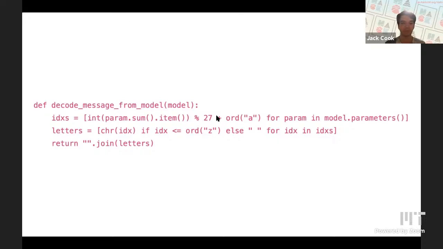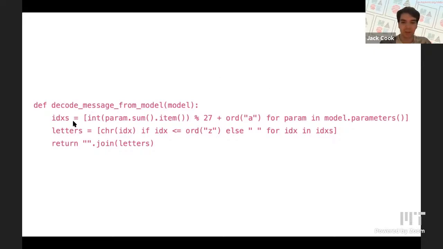We mod 27 so that we can map all of the integers to the range of the alphabet plus a space. So that's what this first line does. We start with the list of weights in the model, and we take each weight matrix and convert it to a letter. I hope that makes sense. If it doesn't, please speak up in the chat or something. I'm happy to clarify if need be.